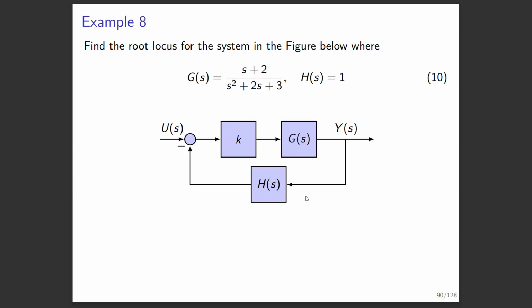Now we want to see this example. In this example again, h is 1, and I have g written in this way, equation 10. Again, g times h is in standard format, so the poles and zeros of the loop transfer function are just the poles and zeros of g.